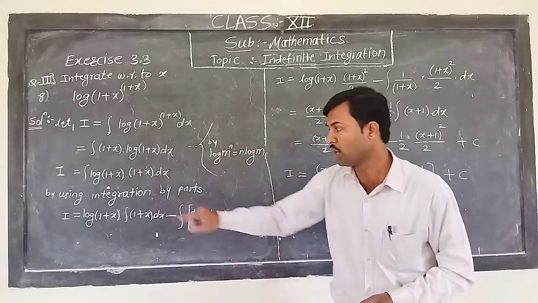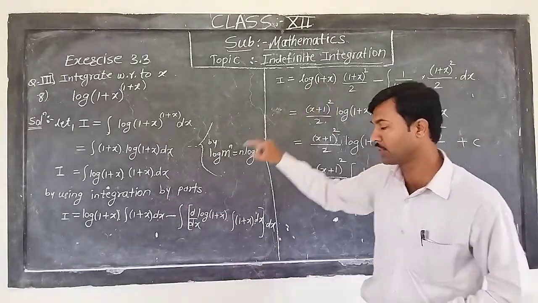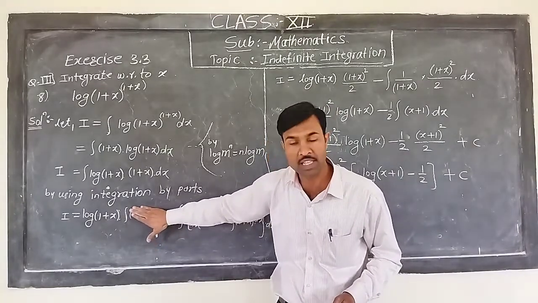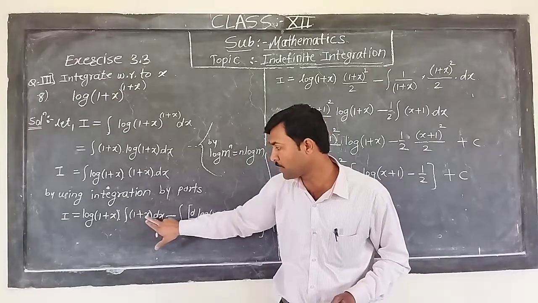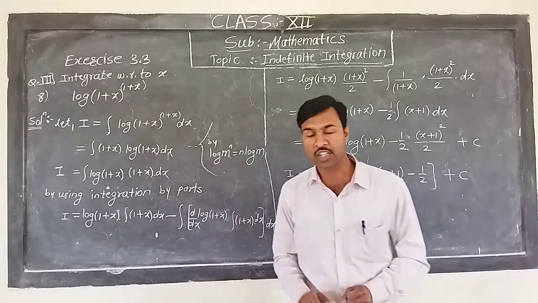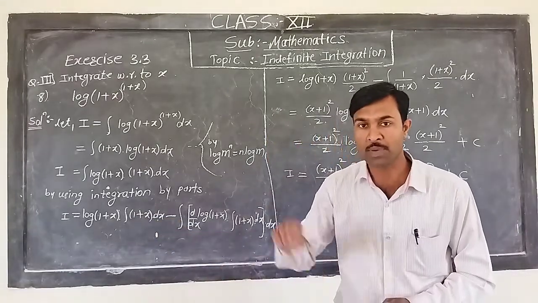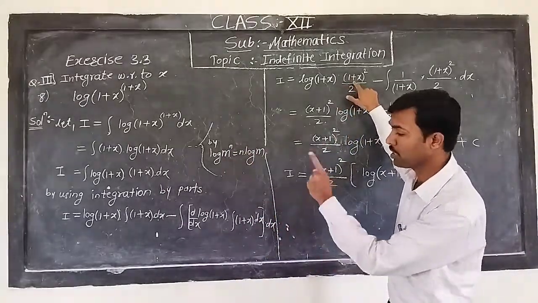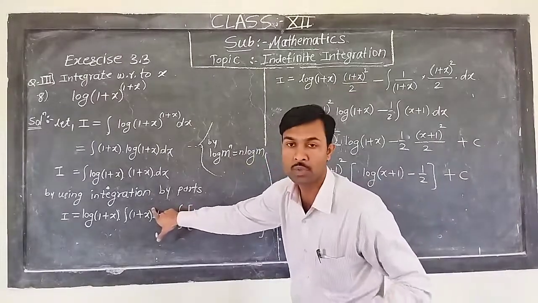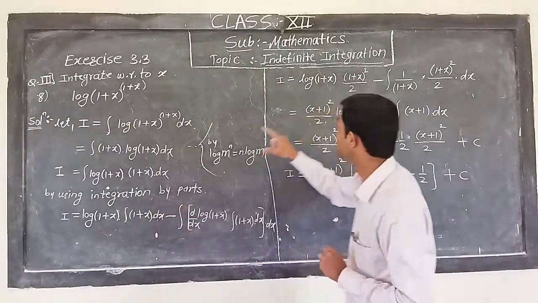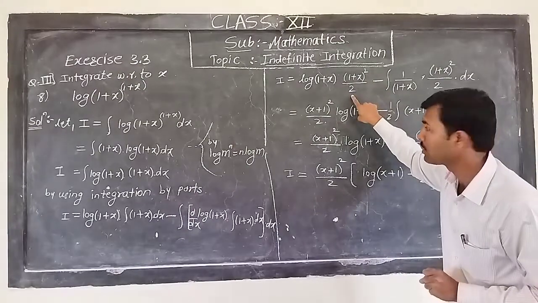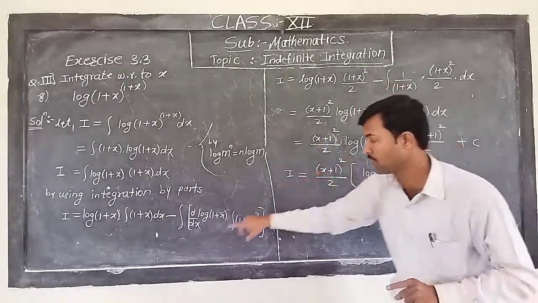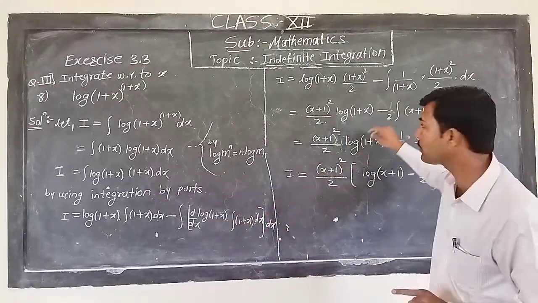Now log of 1 plus x remains as it is, into integration of f of x dx, which is f of x raised to the power n plus 1 upon n plus 1. So it is (1 plus x) raised to the power 2 upon 2, since here the power is 1 and 1 plus 1 is 2. Minus integration of the derivative of log of f of x, which is 1 upon f of x.